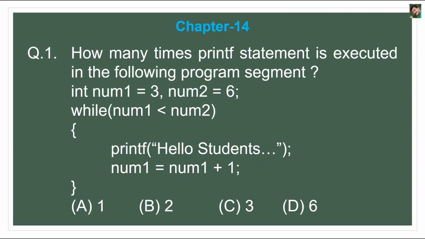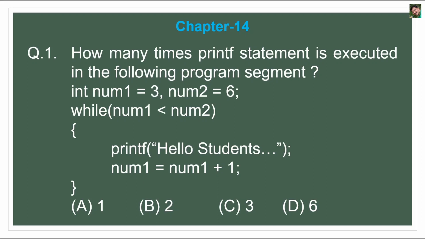Moving over to the next chapter, chapter 14, question 1. How many times is the printf statement executed in the following program segment? You need to find out how many times the printf statement is being executed. Integer num1 is equal to 3, num2 is equal to 6.